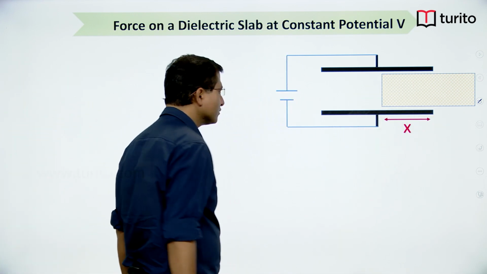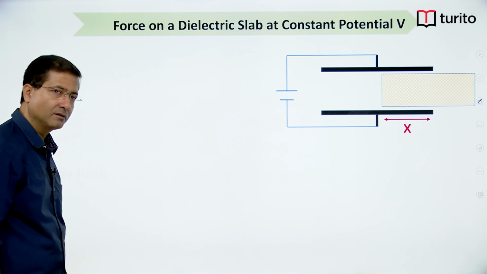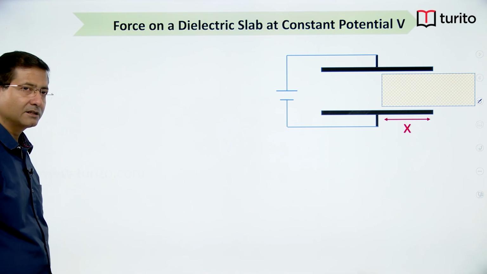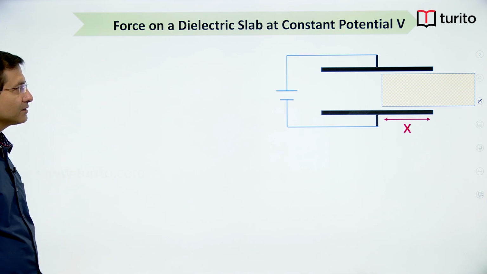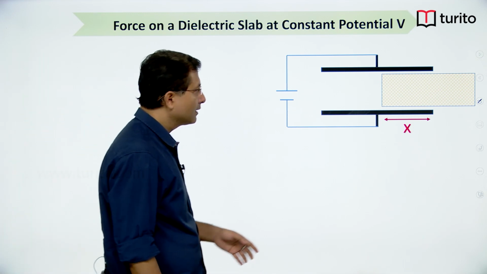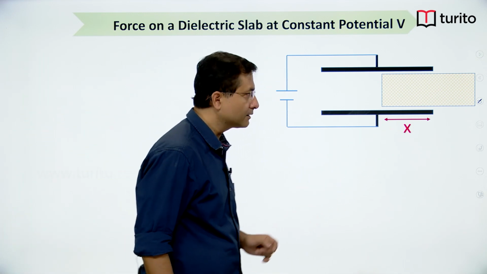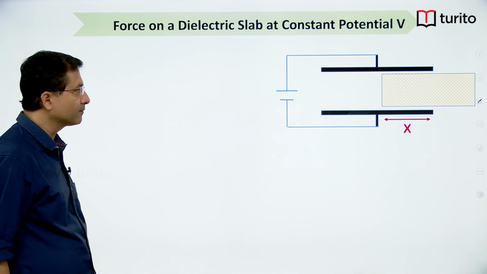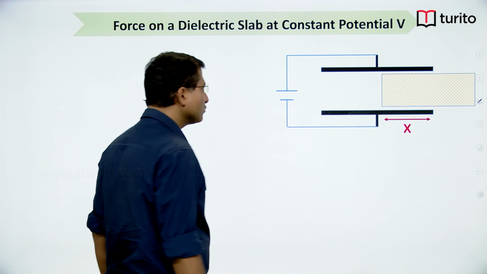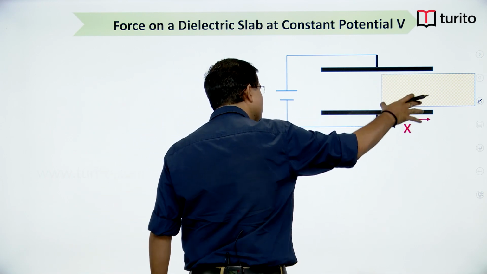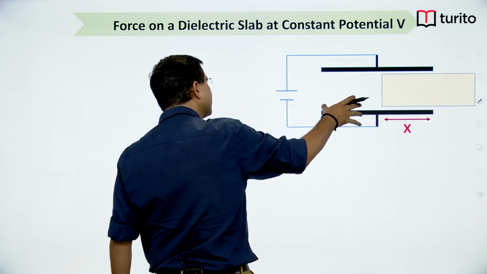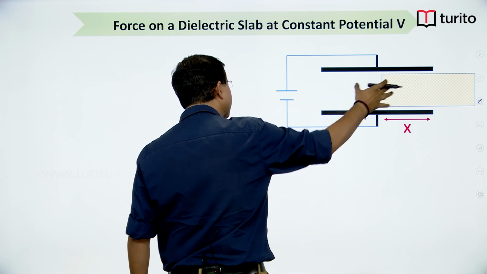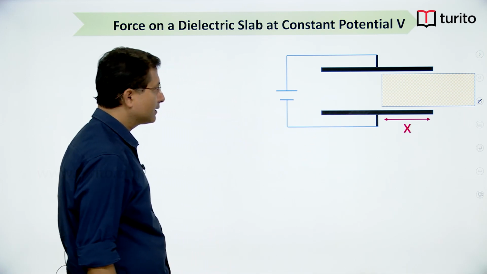The procedure I already told you: I need to write the potential energy associated with this, differentiate it with respect to x, and I will get the force, right. As you can see, there are two capacitors, one filled with the dielectric and another filled with air. These two are connected in parallel, right.